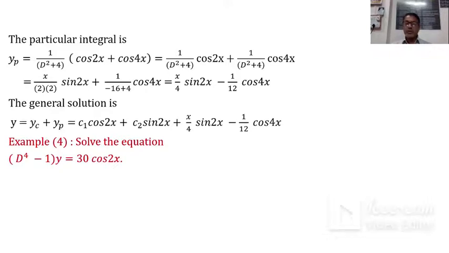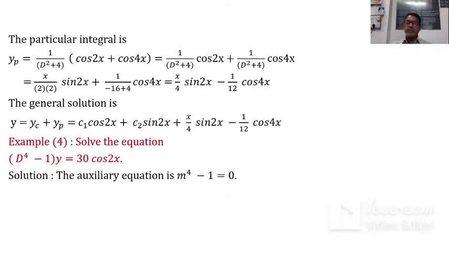To find the complementary function, we consider the associated homogeneous differential equation. From that, write the auxiliary equation. Here, the auxiliary equation is m to the power 4 minus 1 is equal to 0. We first factorize it. (m square minus 1)(m square plus 1) is equal to 0.